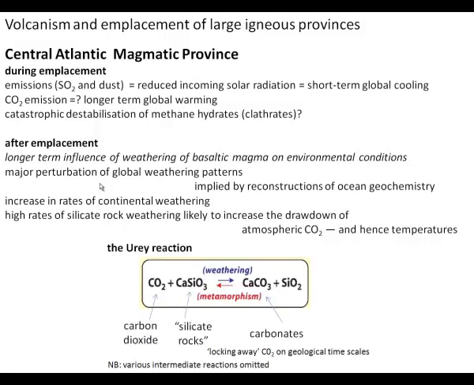And that mechanism in its simplest case can be represented by the Urey reaction, where we have our carbon dioxide sourced from the atmosphere, we have our silicate rocks in the form of these igneous basalt eruptive rocks, and through the geological cycle, in the formation of carbonates, we end up locking away that CO2 for sustained intervals of geological time.